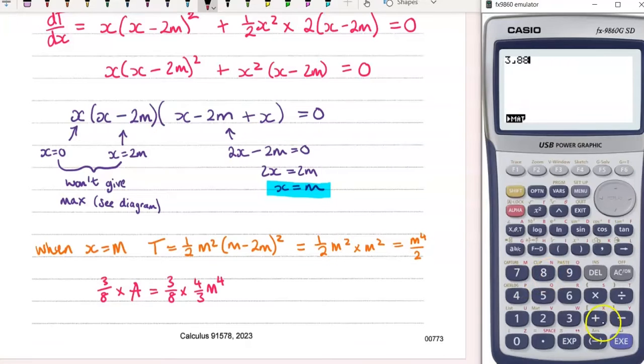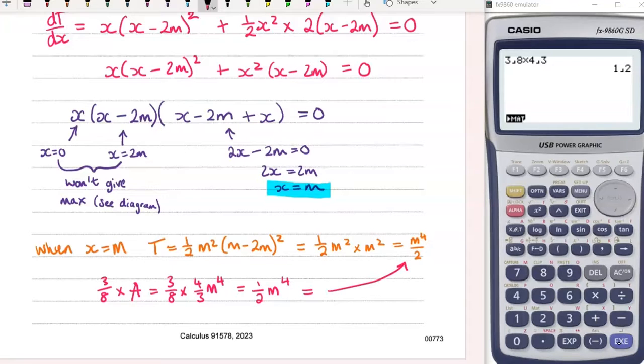Now 3/8 times by 4 over 3 is equal to a half m to the 4, which is equal to what we just showed there. Or we can rewrite that as m to the 4 over 2, the area of the triangle, or the maximum area of the triangle.